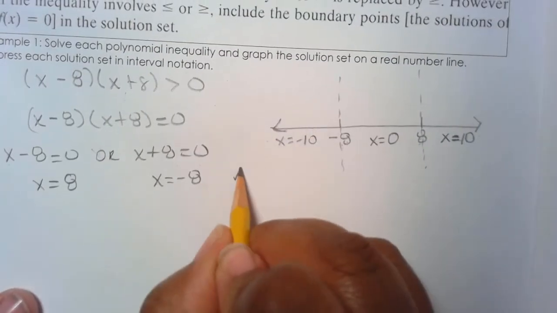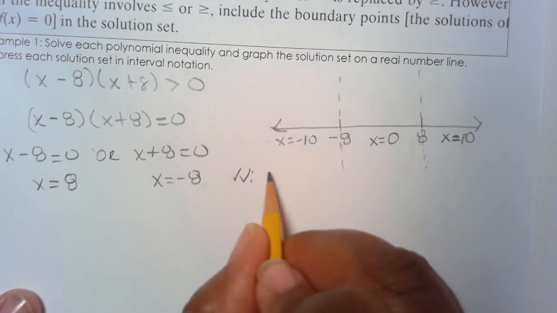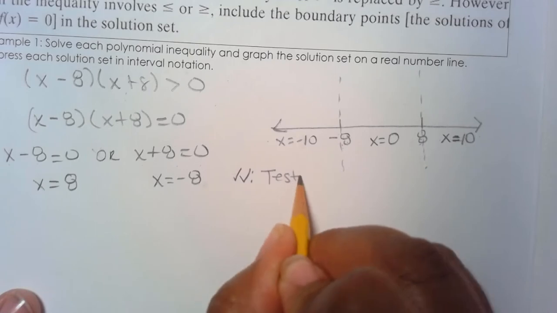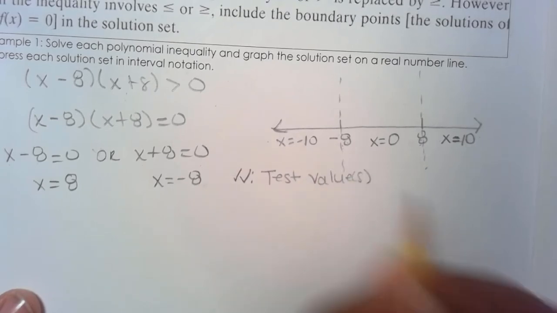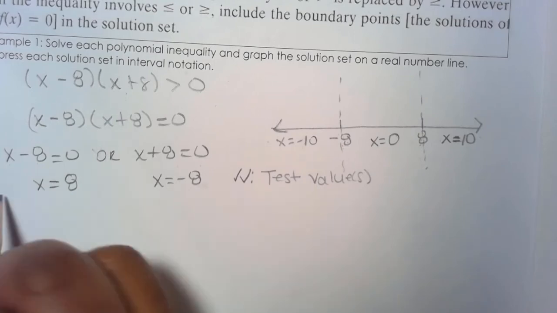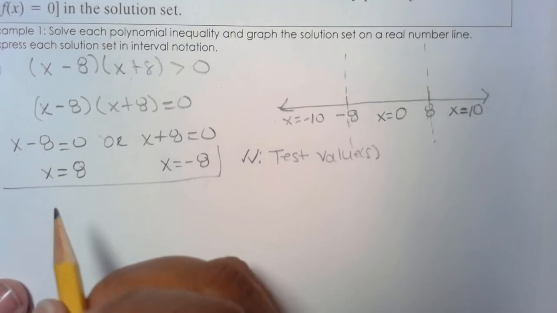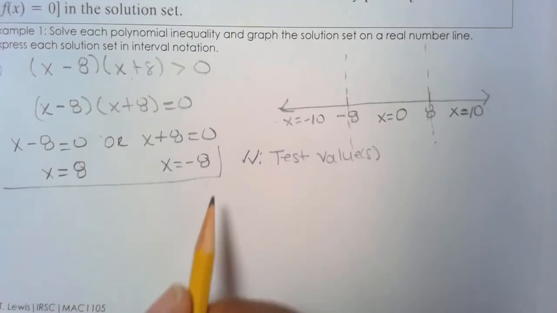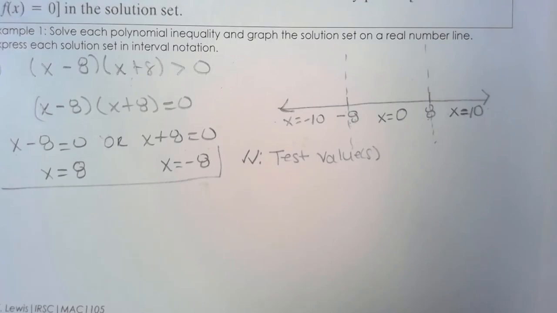Okay, let's check. This will be step number 4, where you have your test. We call it a test value or values. So let's go back to the original question.